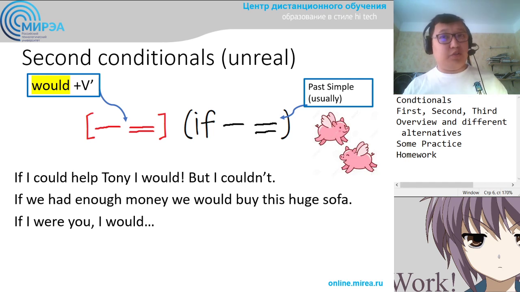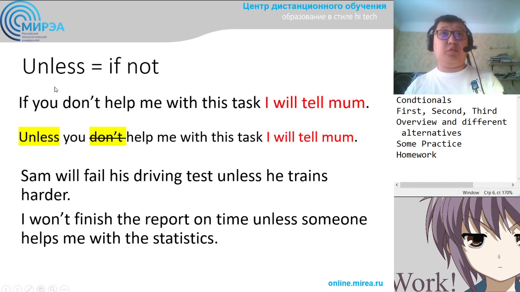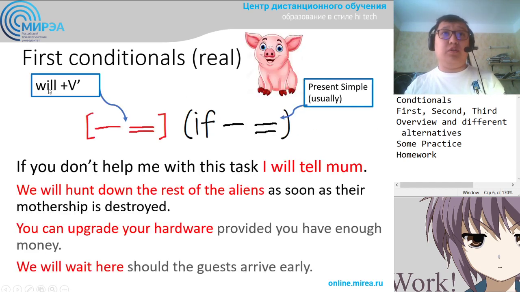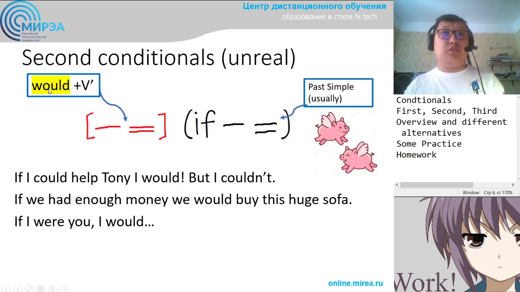So in terms of grammar, we use would plus infinitive. It's like pushing the will into the past. The will part, as you can see, it was "will" here. So instead of will, we use would.